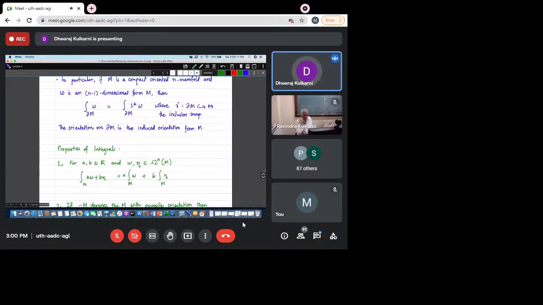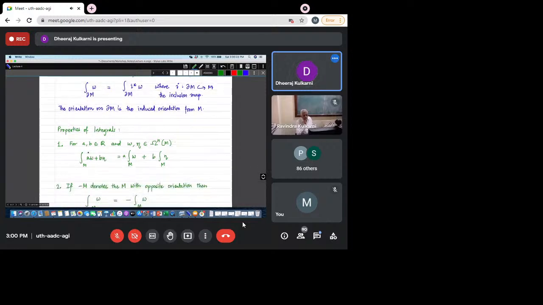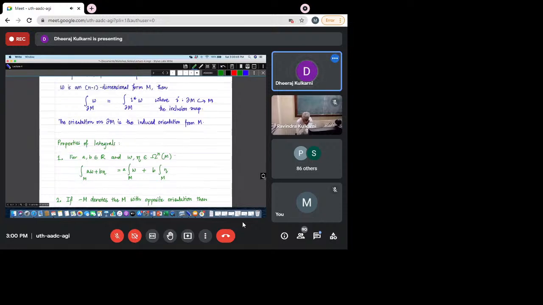If you take two real numbers a and b in R, and omega and eta are n-forms on M, which is oriented, we can assume that omega and eta are compactly supported so that everything goes through. In that case, the integral of a times omega plus b times eta distributes over scalar multiplication and addition; this is the linearity property.